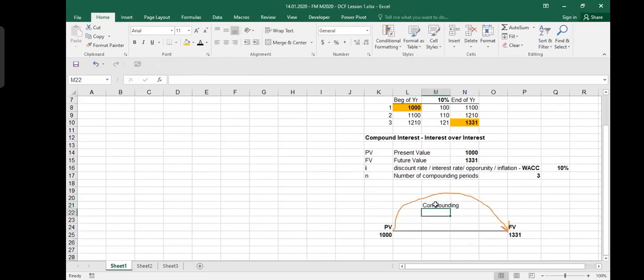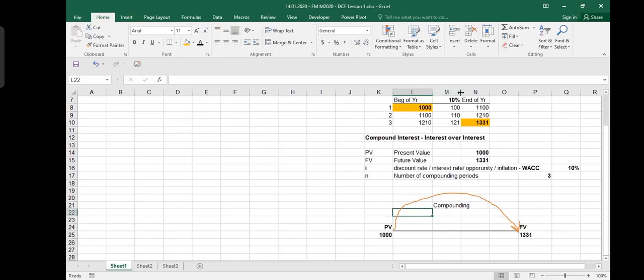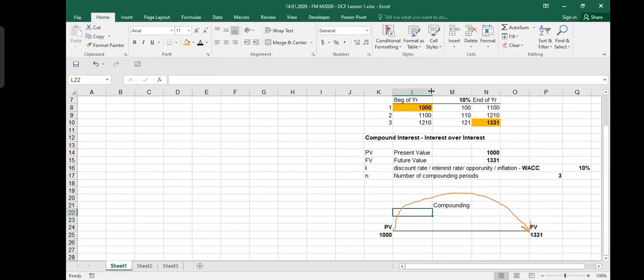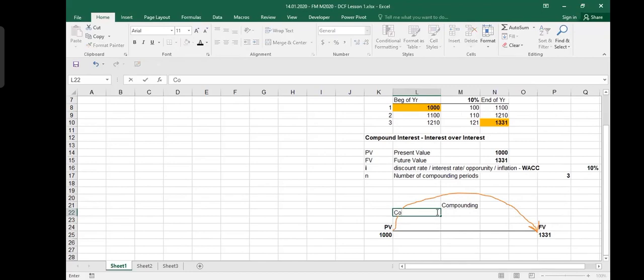And the compounding process says that compounding means finding the future value based on present cash flow. So you have a present cash flow, and based on that present cash flow of 1000, you calculated the future value, which was 1331.